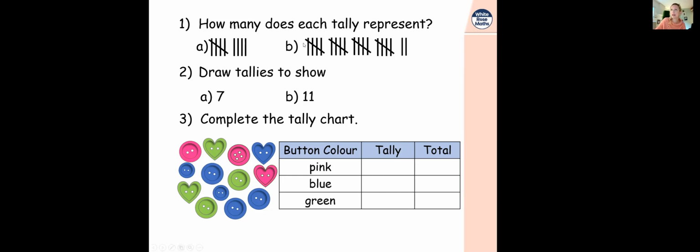Then we've got 1B. See question 1B here? You're going to find out how much this tally represents. Top tip while you're working this one out, count in your 5s. I can see quite a few groups of 5 there. Work it out. Go. You got an answer?